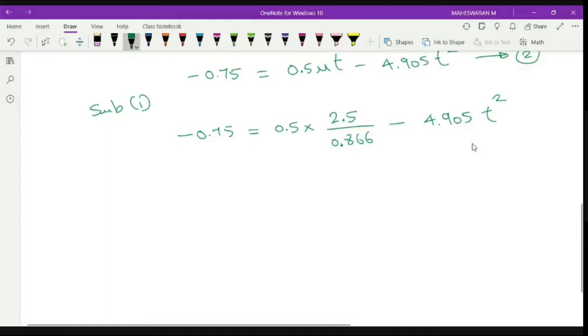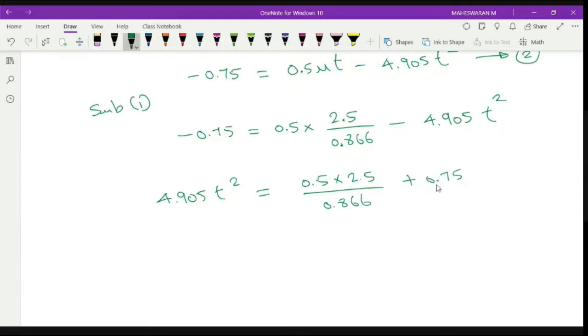So only one unknown, which is t square. Let me bring it to the other side. So 4.905 t square is equal to 0.5 into 2.5 divided by 0.866 plus 0.75. So what is the value of t when you solve this?